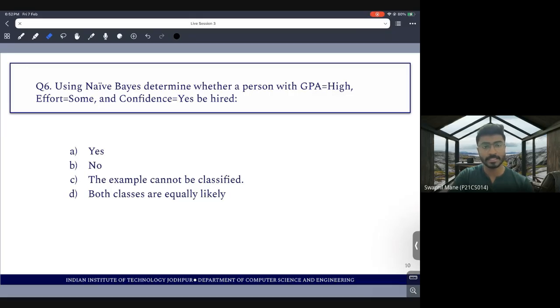So given this condition, is the student hired or not hired, that we need to find out. You may take some time and please try to solve this question, so that we'll get to know whether that particular person will be hired or not.